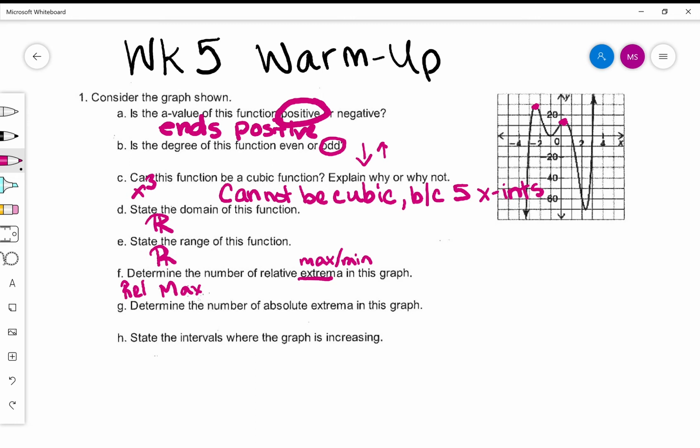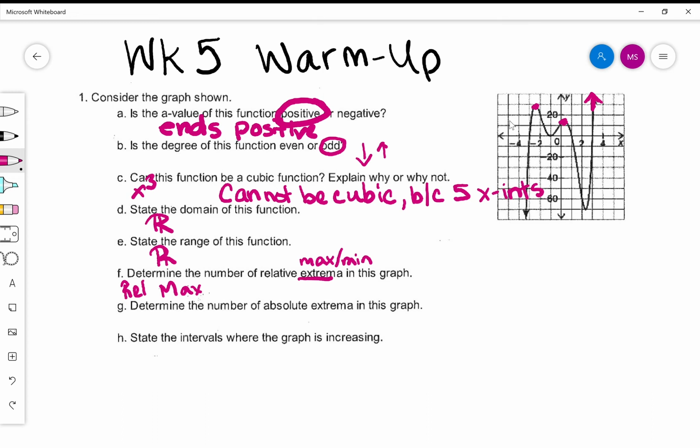If it is not the absolute maximum value, then it is a relative. Because this graph continues to go on the right hand side, you're going to have y values greater than these two. So that means these are relative maximums.